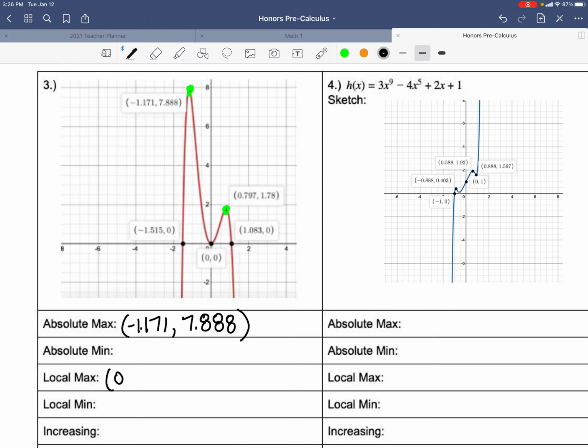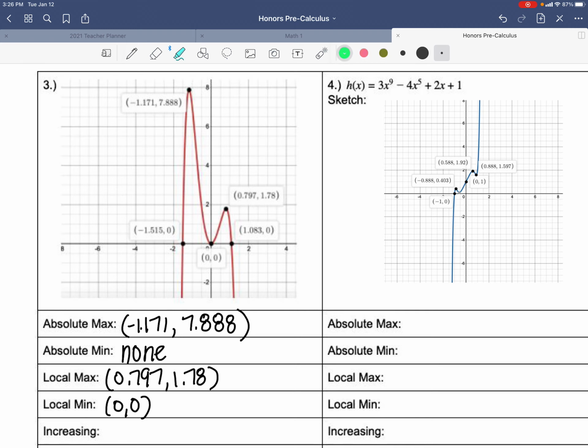We have a local maximum at 0.797 and 1.78. All right, then we have one minimum, and that one minimum is located at 0, 0. That minimum is a local minimum because it's not the lowest point, because I have these pieces that are going to keep going down. So my absolute minimum, there is not one.